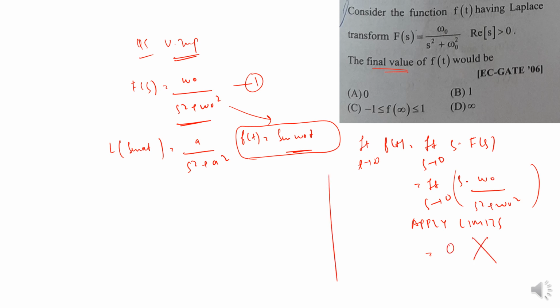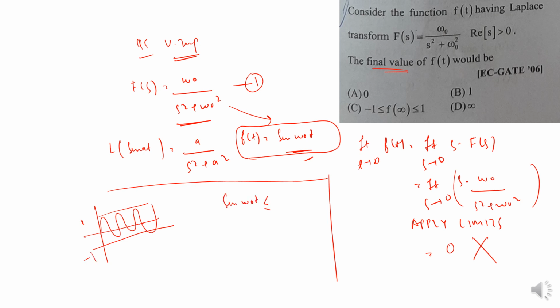See, we know that the function is sin omega naught t. How does a sine function look? The value always lies between 1 and minus 1. So sin omega naught t always lies between minus 1 and 1 at any point, and even at t is equal to infinity.